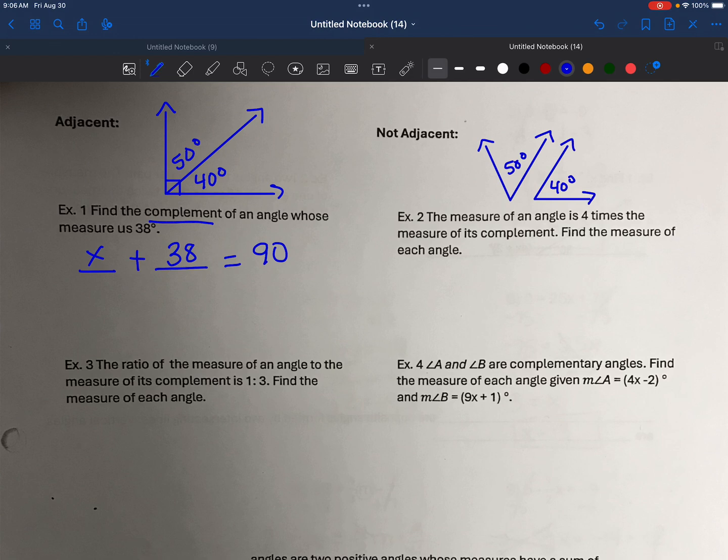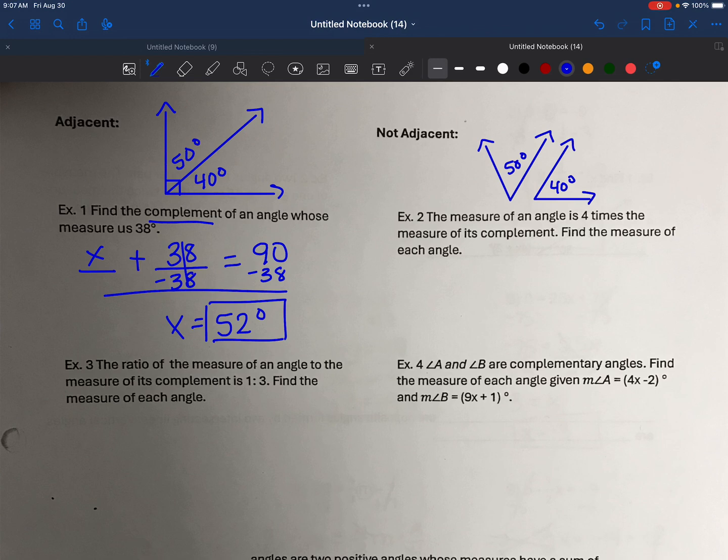Yes, we know one of them is 38. What are we going to call the other one? X. Okay? And then it's one step to solve. We subtract 38 from both sides. So we get x is equal to 52 degrees. So the complement of 38 is going to be 52 degrees. All right?